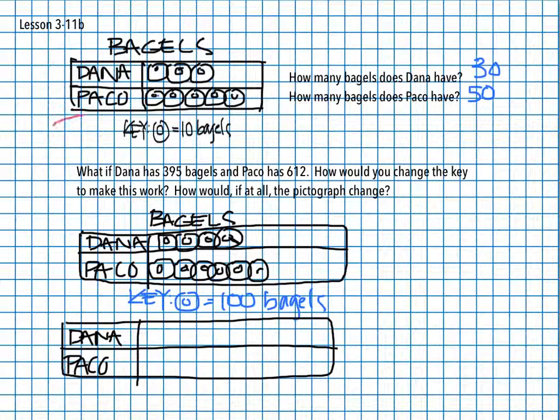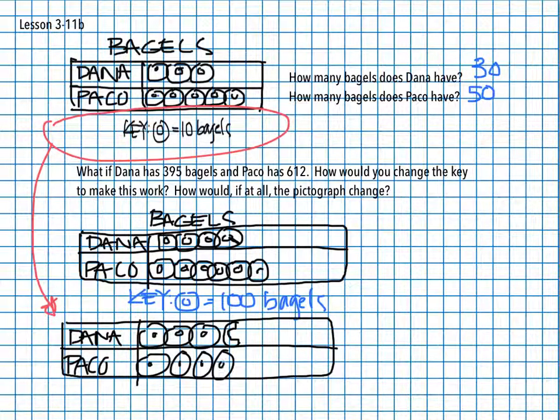So I'm just going to circle this because I kind of ran out of room on my page, and I want you to figure out how many bagels each of Dana and Paco have. So here we go. I should have probably paused instead of having you watch me make the drawing.